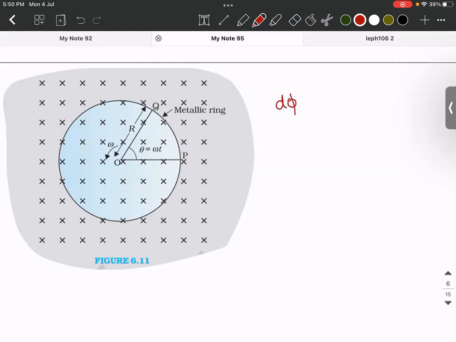So d phi will be equal to magnetic field into the area swept by the coil into cos of the orientation.